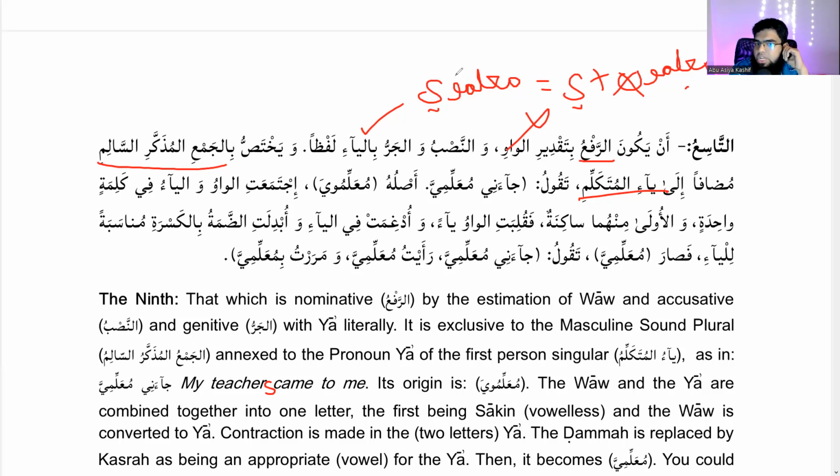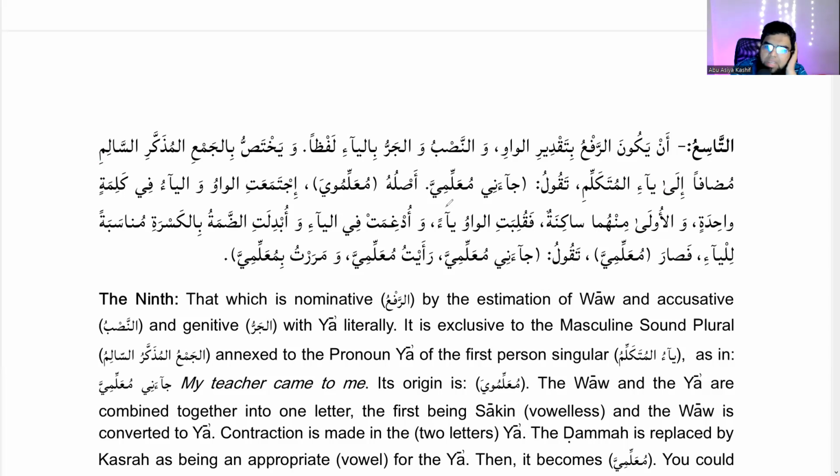So what they do is change the wow to a ya, and then this dhamma will become a kasra. So it'll become muallimiyya. Because first the wow will change into a ya, muallimuyya. Again, ya does not like dhamma before it, so it'll change dhamma to a kasra. So muallimiyya. So here also you will say, okay, ja'ani muallimiyya. Where is the sign of rafa? Where's the dhamma, wow, whatever? We say it is estimated. So he's explained all of this.